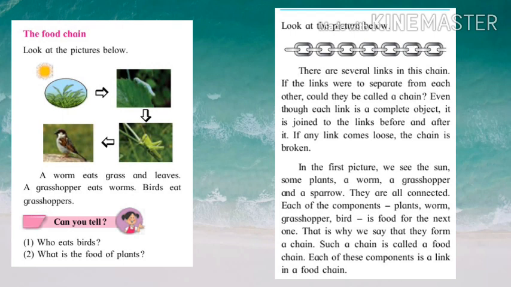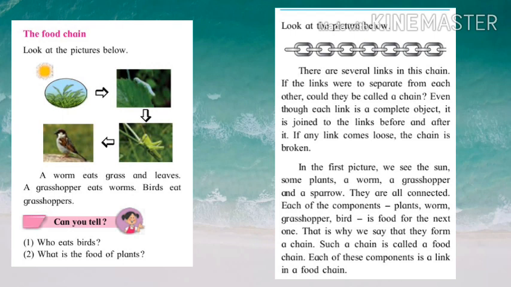See, here in the picture we can see a worm. In the first picture, the worm is eating grass or plants. And these plants, with the help of the sun, have made their own food. Now these plants are eaten by the worms.